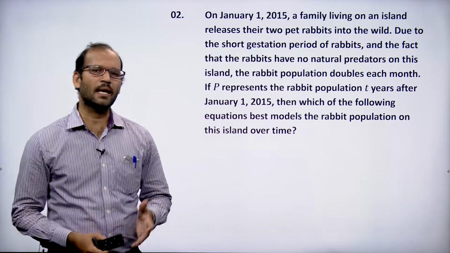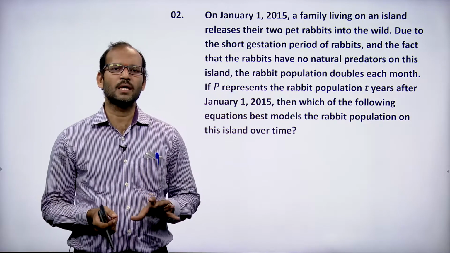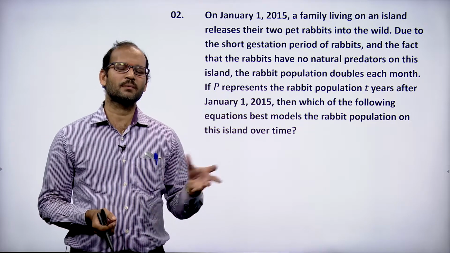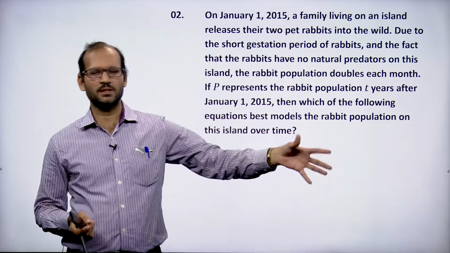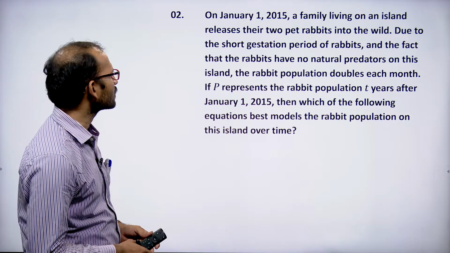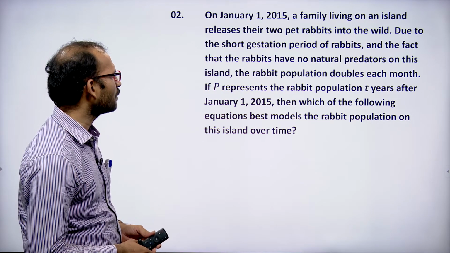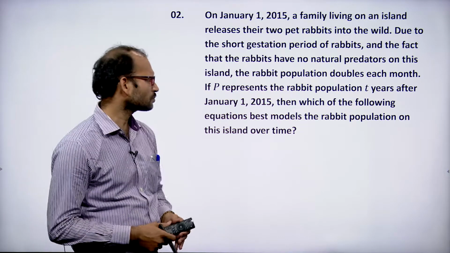So what is happening? The rabbit population is doubling every month. Suppose in the beginning it is 2, and after 1 month 4, then 8, 16, 32, like that. So if P represents the rabbit population T years after January 1st, 2015, then which of the following equations best models the rabbit population on this island over time?